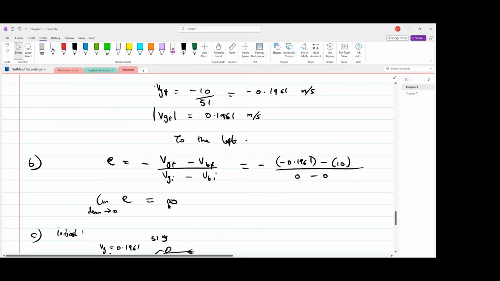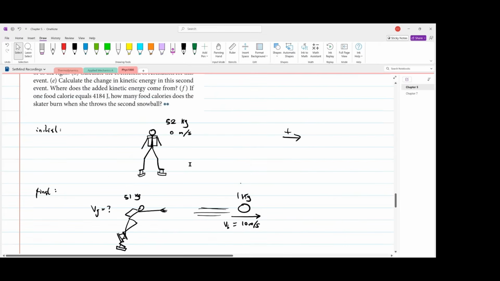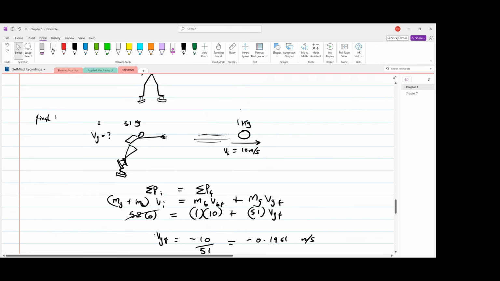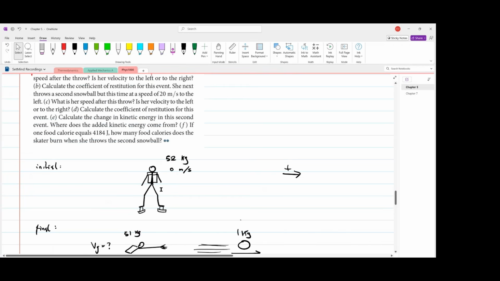And if you think about it, if there was no friction, life would not exist. We would all die basically because in our world there's no friction. So she keeps on going and going and going forever. That speed stays constant forever. So she can't stop, right? So she needs to use snowballs to change her direction. Okay, so that's what we can see.